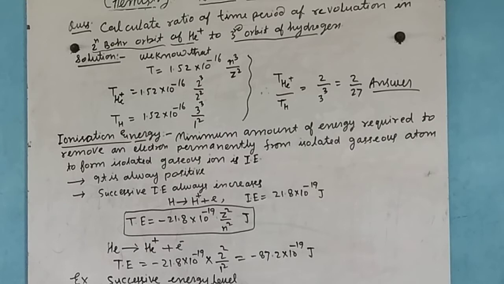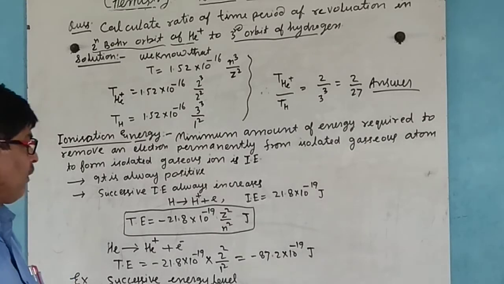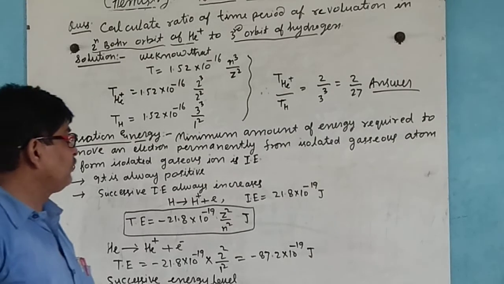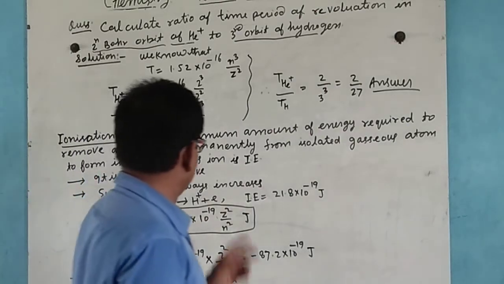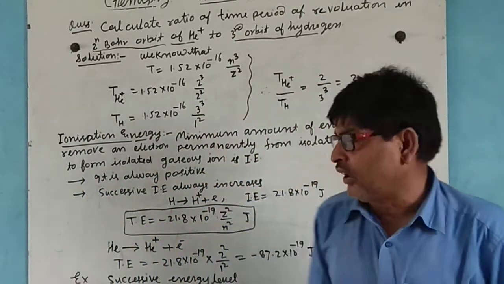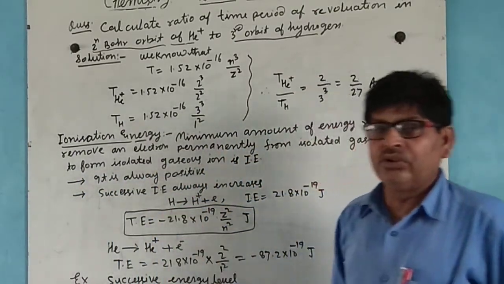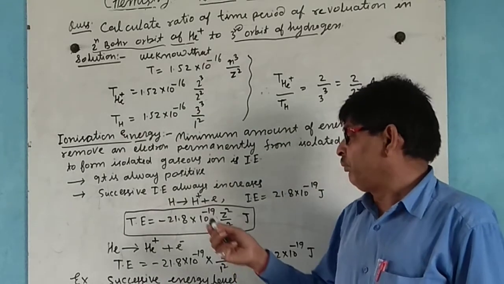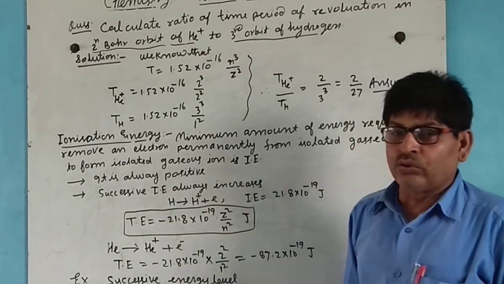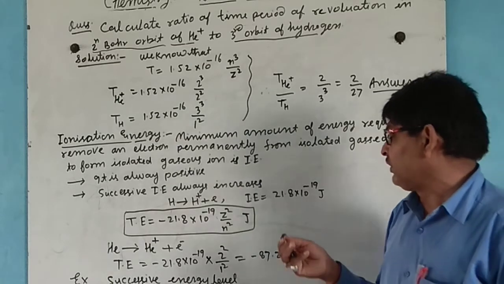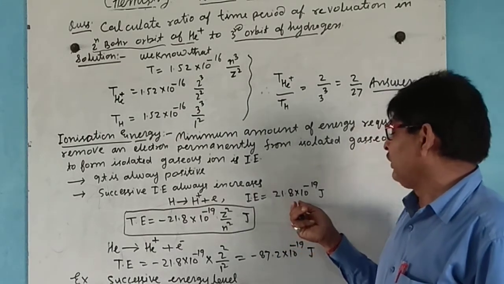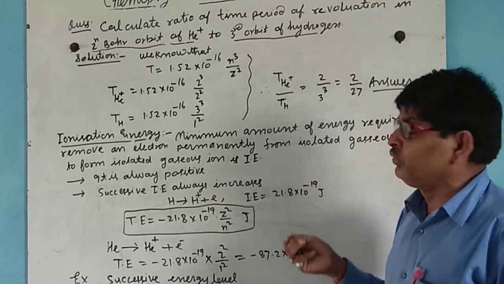Ionization energy is always positive, and successive ionization energy always increases. For the hydrogen atom, to remove the electron to form a hydrogen ion, the ionization energy is 21.8 into 10 to the power minus 19 joule.